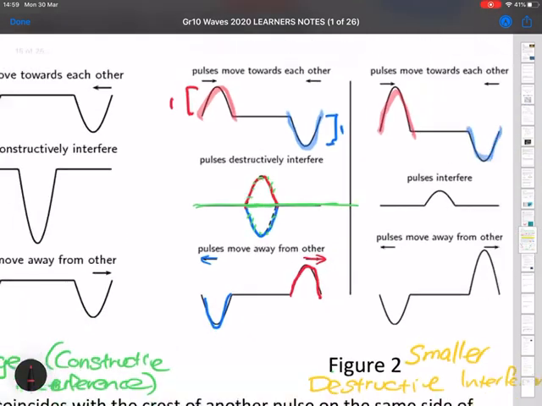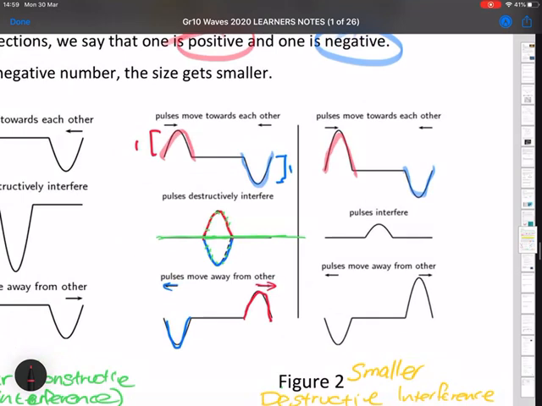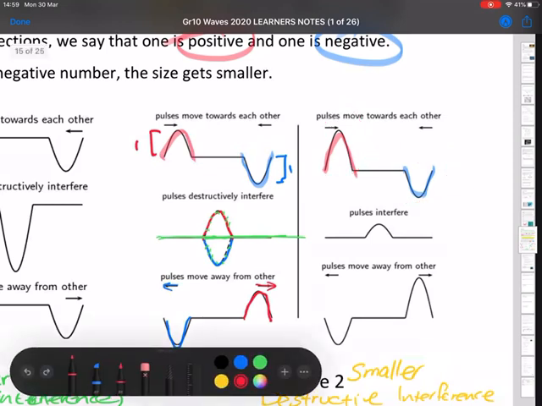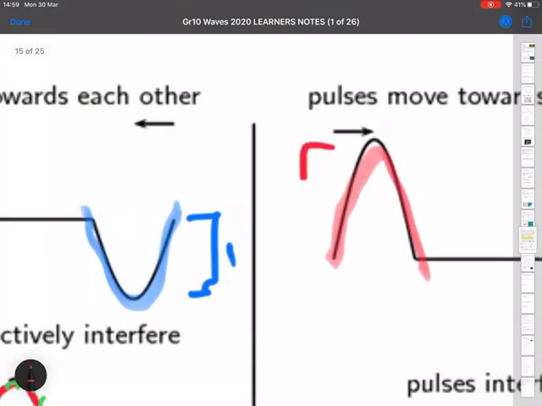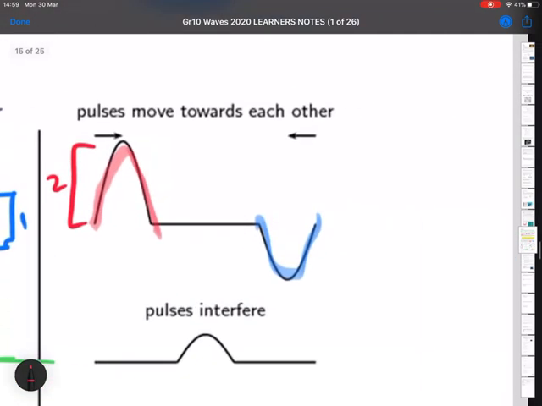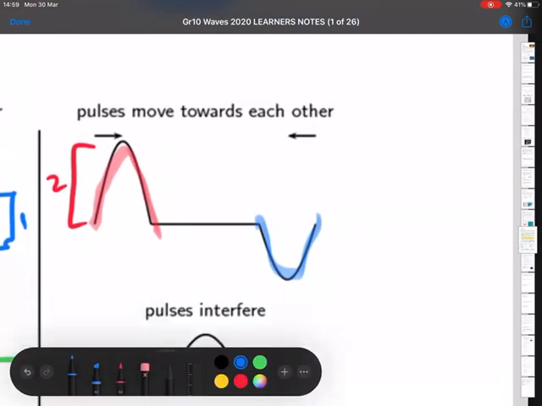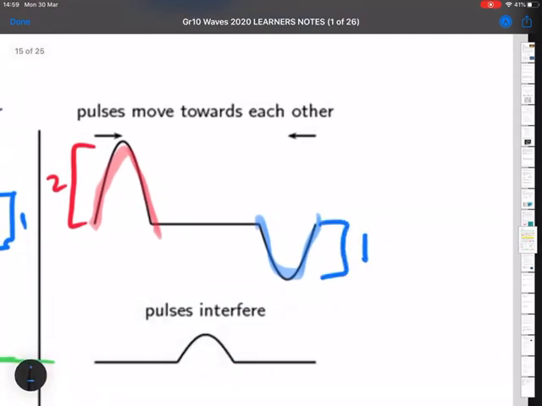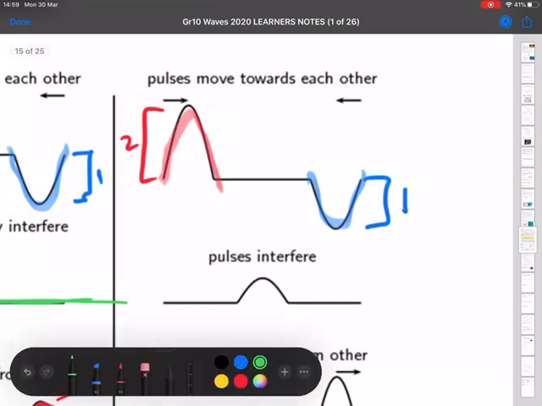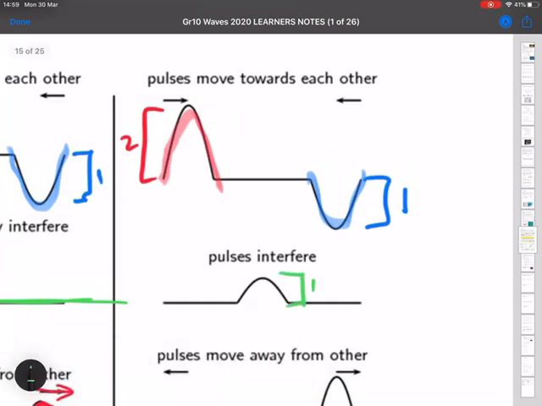Okay. Same applies over here, it's just that this red one is a lot taller than the blue one. So suppose that the amplitude of this red wave was 2 units, and the amplitude of the blue wave was 1 unit. 2 minus 1 would still give us a net value of 1, because the red one here is bigger than the blue one.